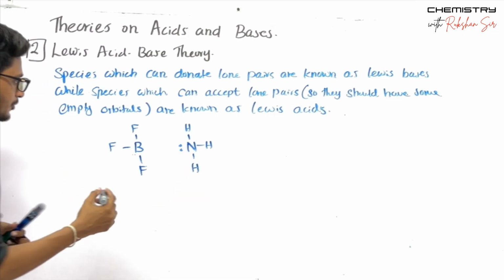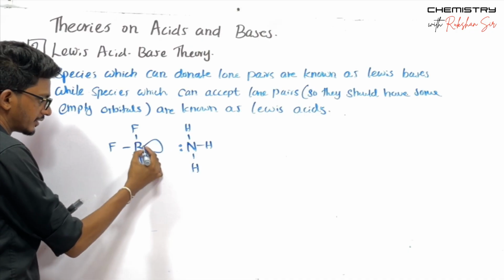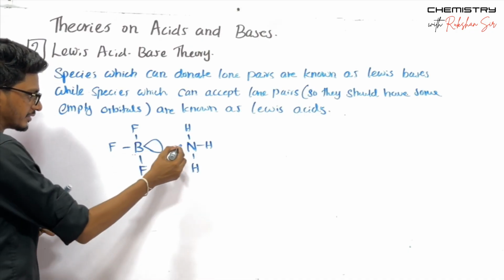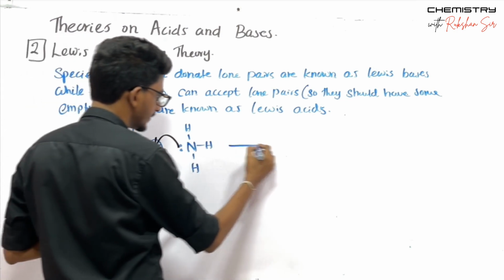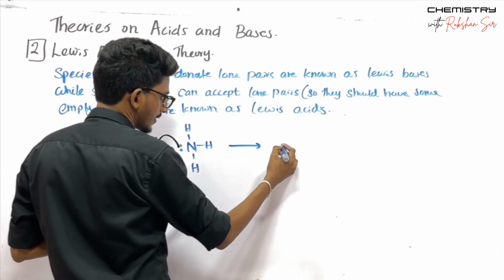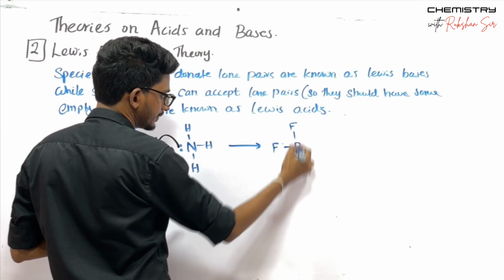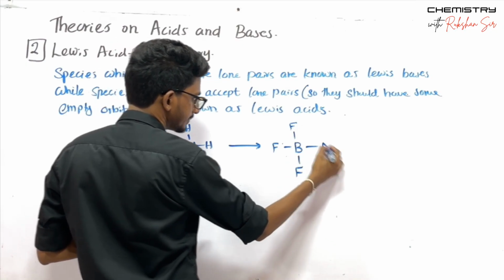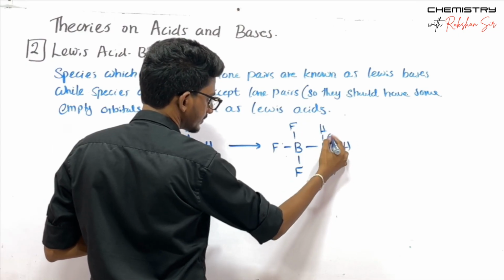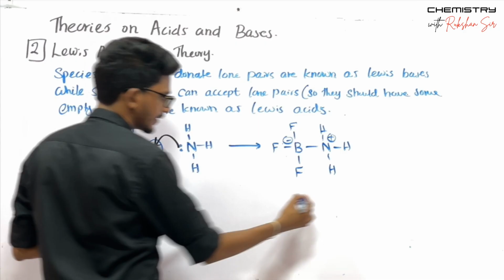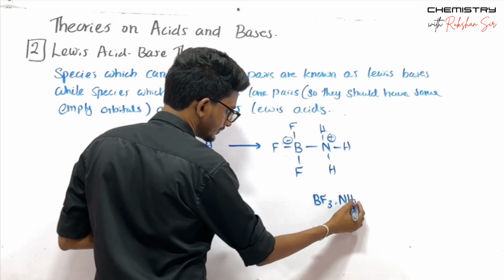There, NH3 will donate its lone pair to the empty orbital of BF3, like this, to produce the compound BF3 dot NH3.